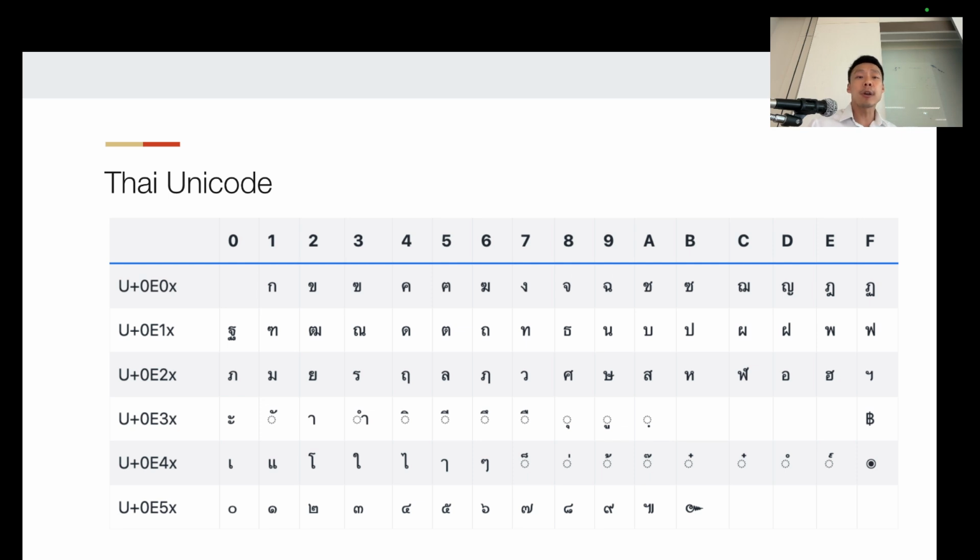Speaking of Thai Unicode, it looks like this. You have some base 16 hex codes right here, 0E0X. 0E01 is a gõ gai. 0E1A is a bó bei mai. This is the Unicode chart for Thai, and it actually has all the characters. Also, what's this thing again?